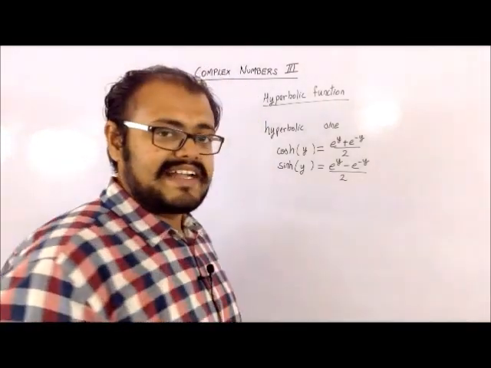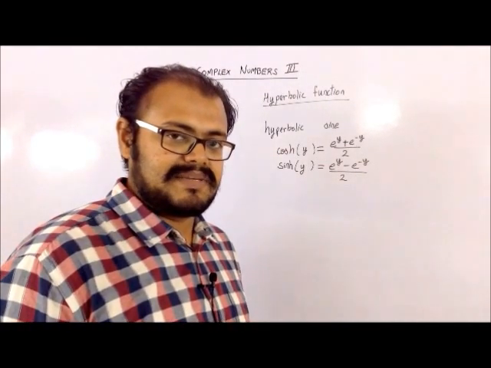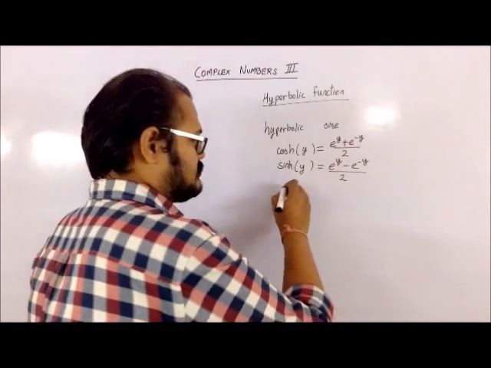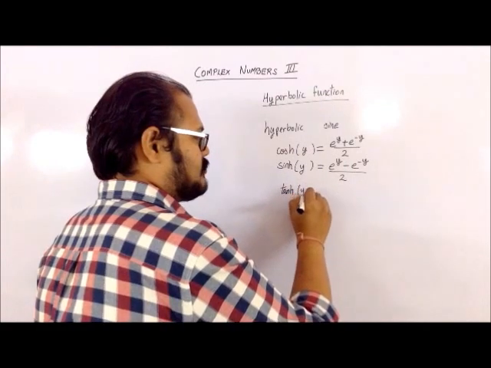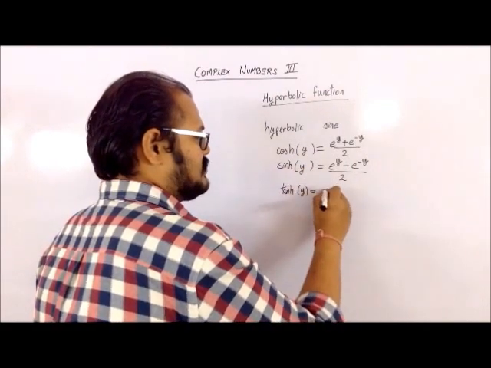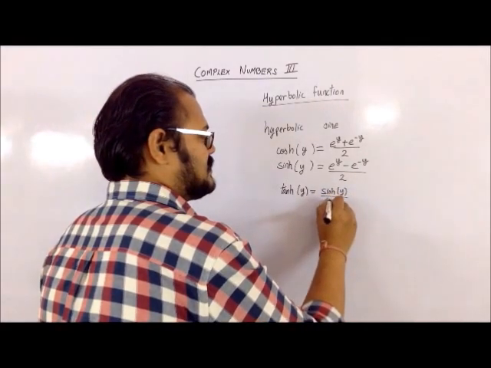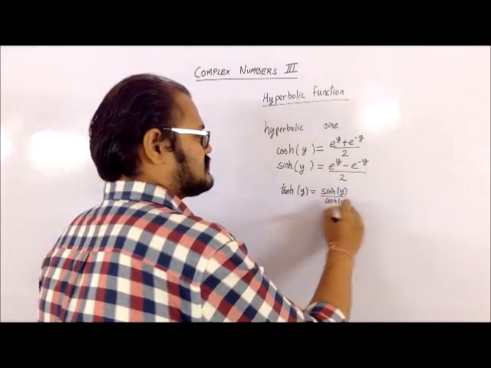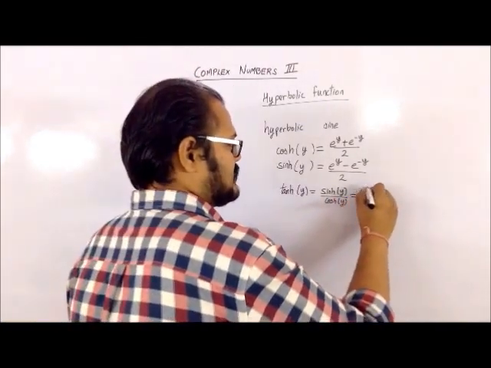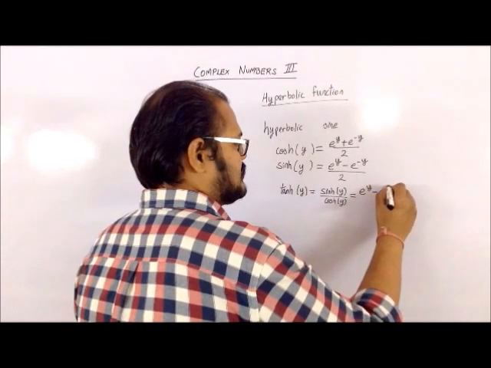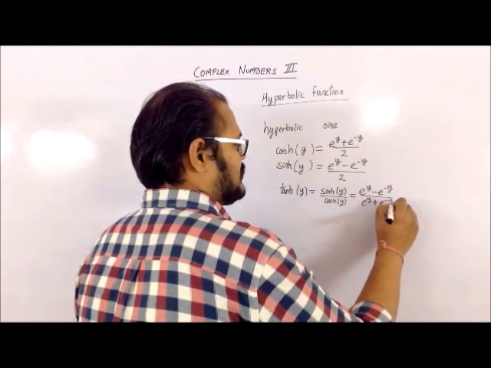Just like we have tan in my trigonometric or circular functions, tan is sine by cos. Over here also my hyperbolic tan of y will be the division of hyperbolic sine divided by hyperbolic cos. So that is why the definition for this becomes e raised to y minus e raised to minus y by e raised to y plus e raised to minus y.